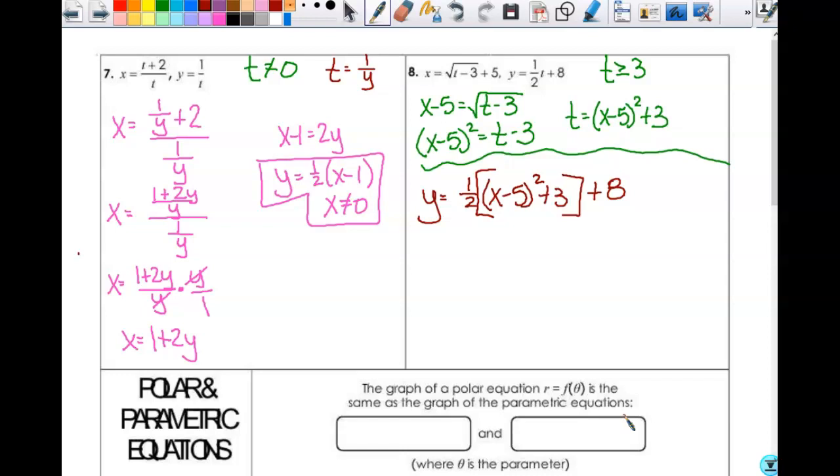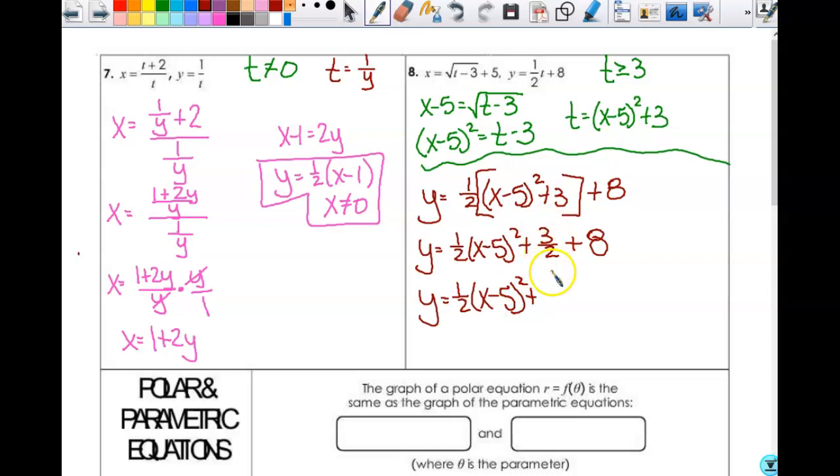So this is going to give me y equals 1/2 times (x minus 5) squared plus 3/2 plus 8. So y equals 1/2 times (x minus 5) squared plus, well, if this is 3/2, this would be 16/2. So when I add them together, I'd get 19/2.